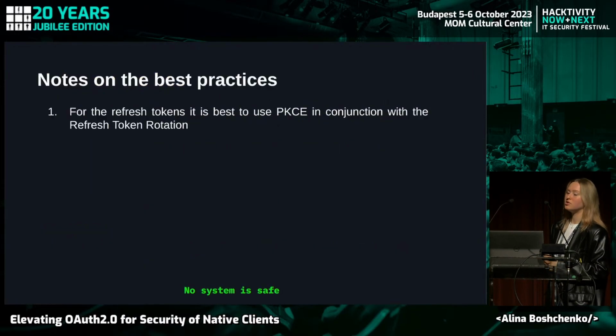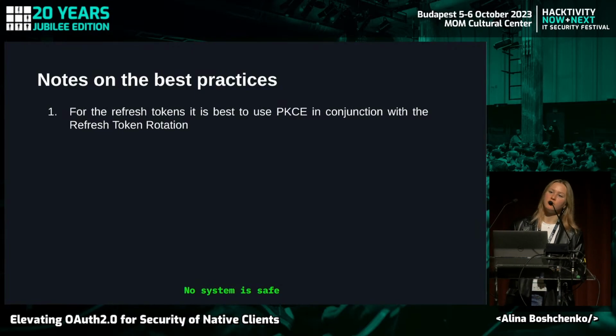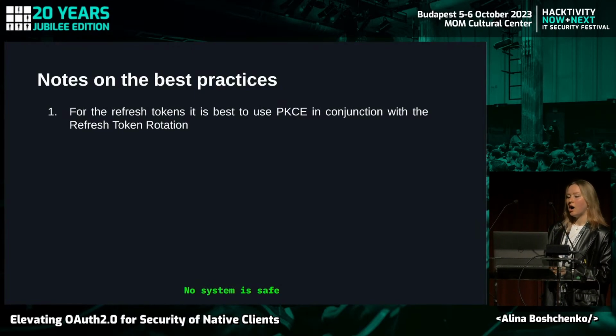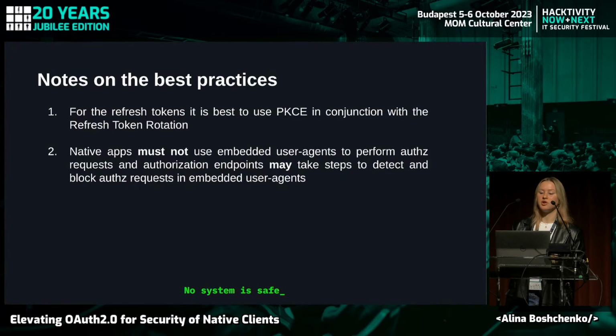And let's conclude with some notes on the best practices. So first of all, for refresh tokens, it's best to use PKCE in conjunction with refresh token rotation, which basically means that every time you use a refresh token to get an access token, a new refresh token should be generated as well. Also, a bit of context here: there are two different kinds of user agents.